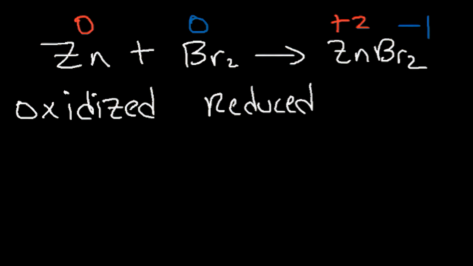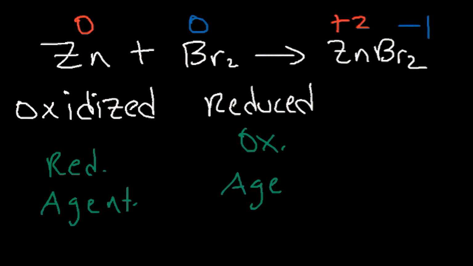The substance that is oxidized is known as the reducing agent, and the substance that is reduced is the oxidizing agent. Zinc is the reducing agent because it caused the other substance, bromine, to be reduced. Bromine is the oxidizing agent because it caused the other substance, zinc, to be oxidized.